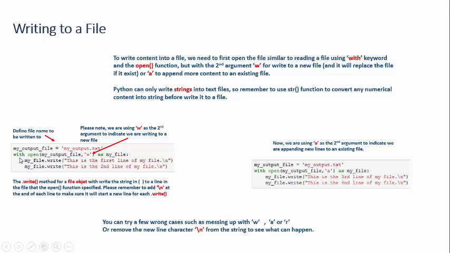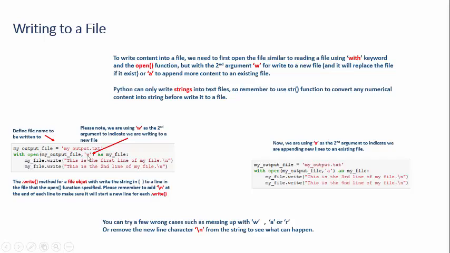And then I'm using the with open function. In this open function, as I mentioned earlier, there are two arguments. The first one is the variable that contains the file path and the file name. The second one here is W, which means I'm going to write the content into this file.